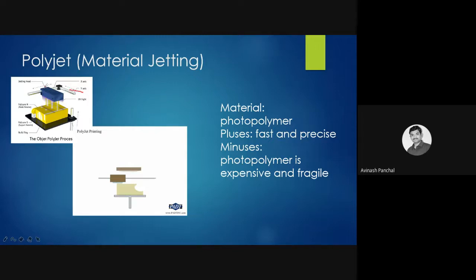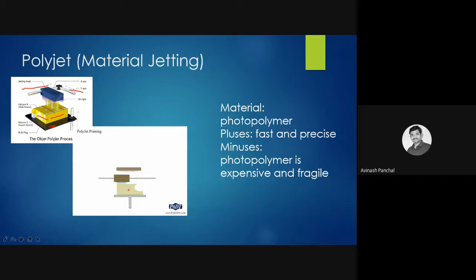This is the Y direction, this is the X direction. The fulcrum has a support here, and it can move up and down also. It is called the building tray or support base of the 3D printer.